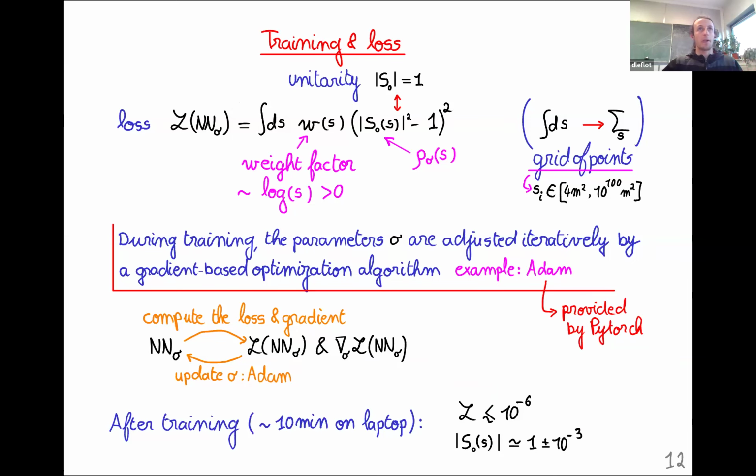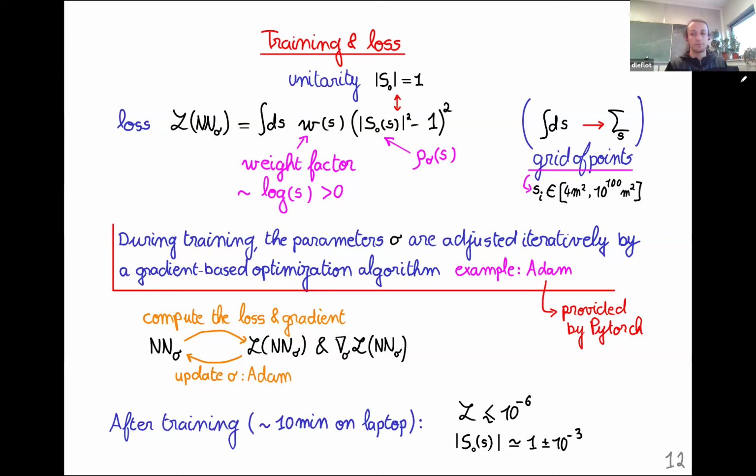Okay, so now I will show you the actual loss we used. The unitarity equation we are trying to solve is this one, unitarity in the spin zero partial wave. And the loss we used is this one, S0 squared minus 1, all squared. Inside S0 there is the dependence on the neural network. And we used a weight factor in order to give more weight to the high energy behavior.